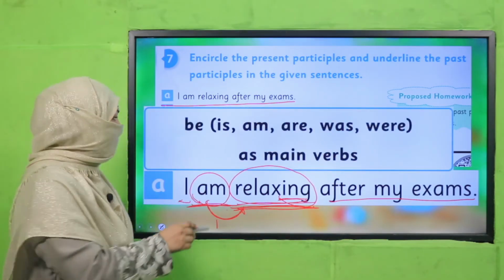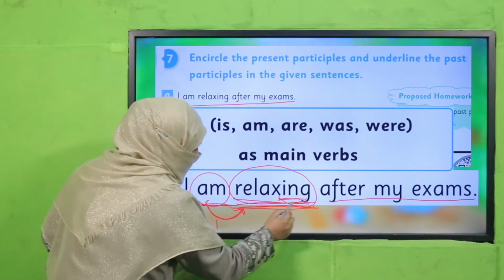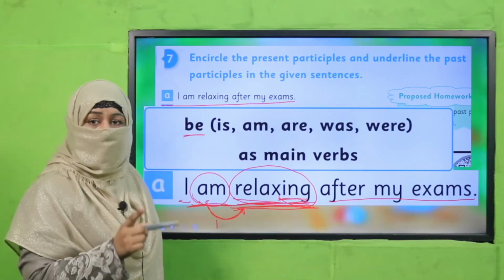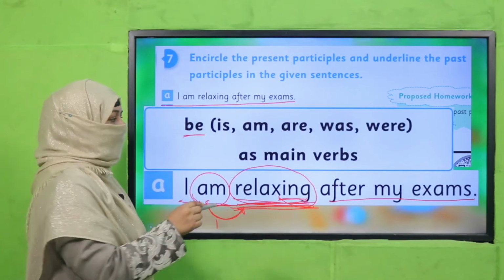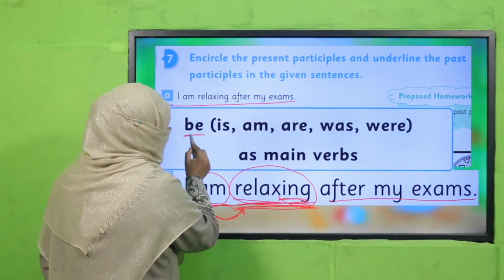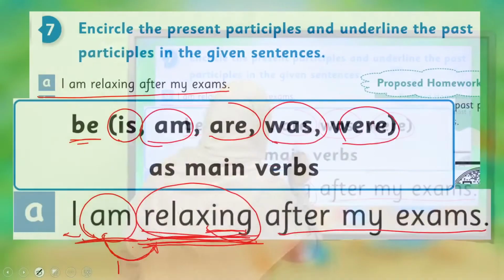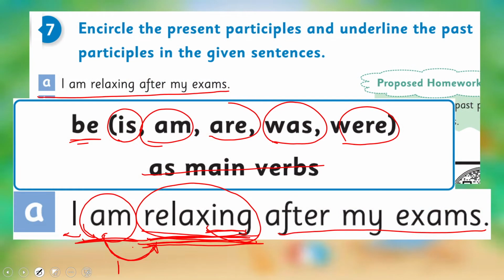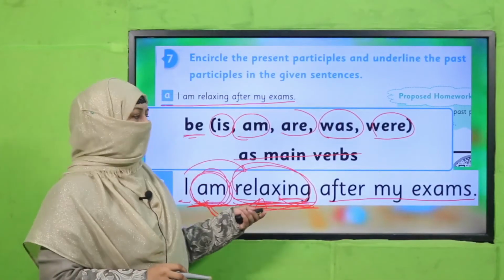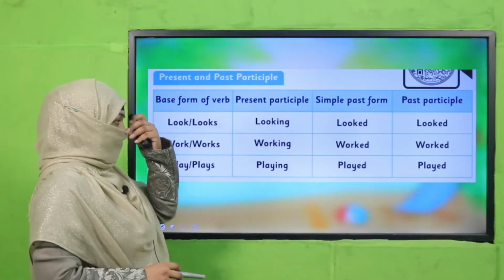Whenever you will use ing form, means present participle form of verb, you will use be form is, am, are, was or were, not as main verb, as helping verb as we have used here. So how do we find it? I am relaxing. Relaxing is the main verb and this am is used because that action is still in progress. Are you clear? Okay, let's practice it further.